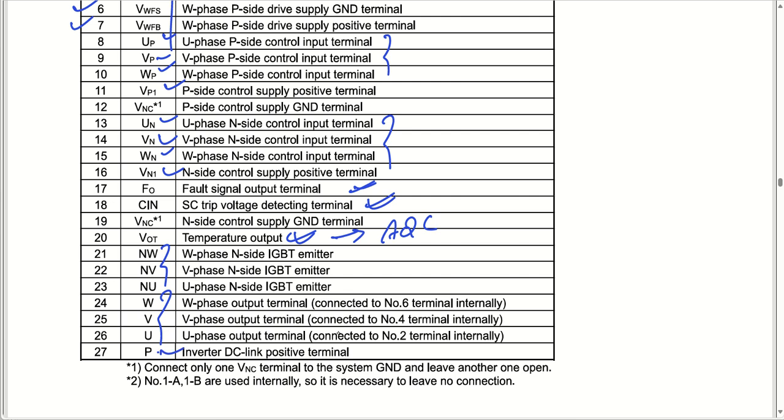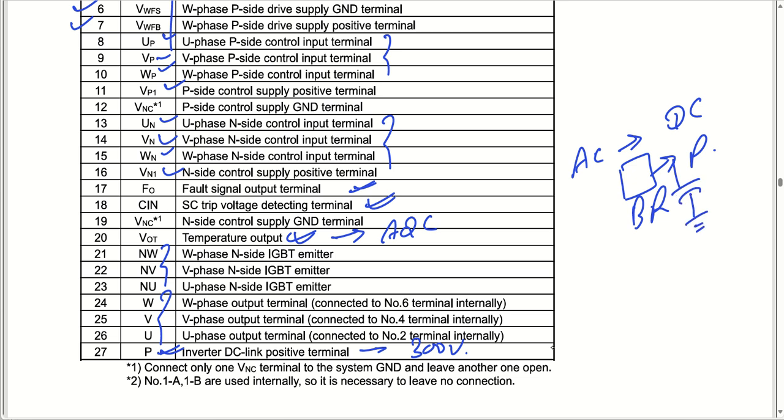Then P is your DC link positive terminal, which is nothing but your high voltage terminal, which will be taking, let us say, 300 volt or 400 volt. Basically you convert your AC voltage to DC form by putting a bridge rectifier, like so. This will be my bridge rectifier, and after that you send it to your DC link capacitor and point P. So put a DC link capacitor here with a filter capacitor, and then send it to your P.